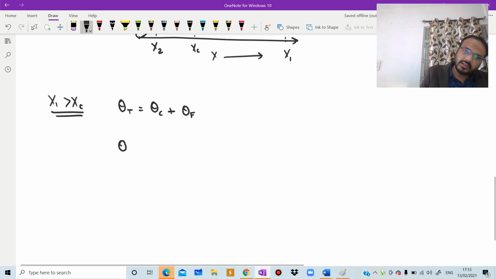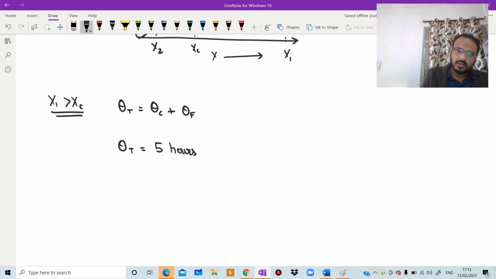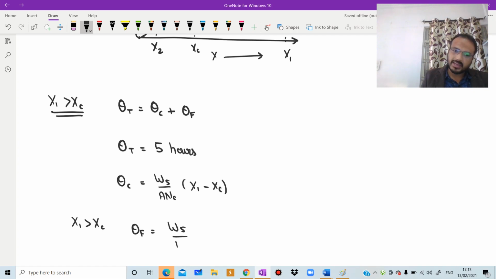In the question, it is given that theta t is equal to 5 hours. The value of theta c is equal to Ws by A NC times x1 minus xc for the constant period. When x1 is greater than xc, theta f is equal to Ws by A NC times xc minus x star, ln of xc minus x star divided by x2 minus x star.